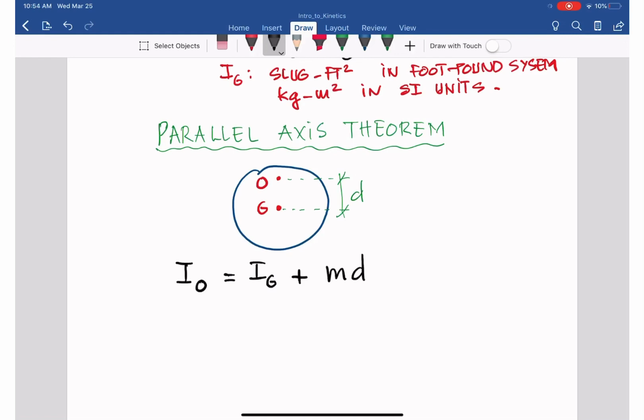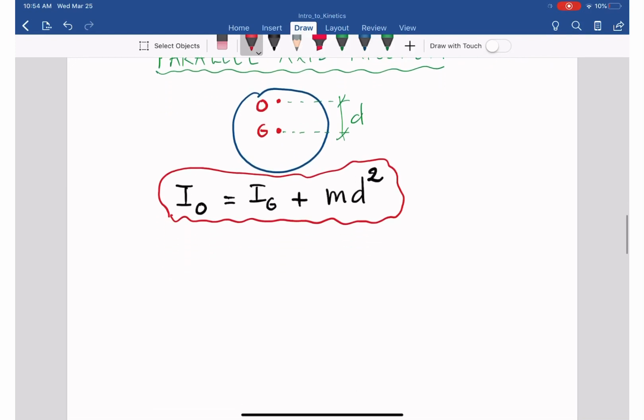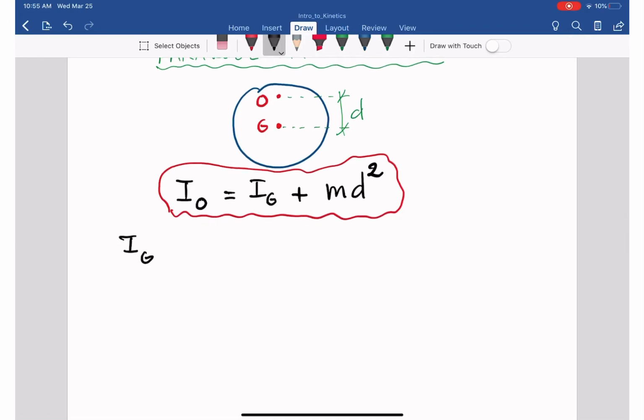Keyword: parallel, it has to be a parallel axis. So md squared. That is the equation for the parallel axis theorem, and we need a few notes here so you don't get confused. The IG has to be involved in that equation, not any two random points.